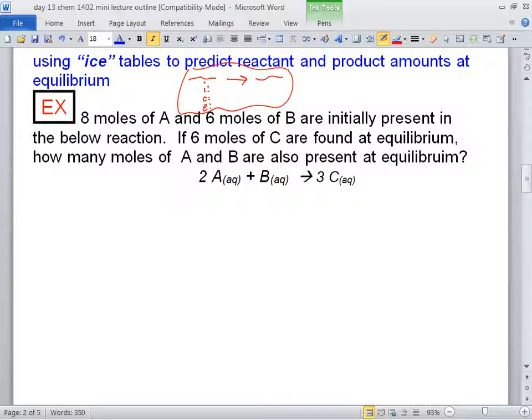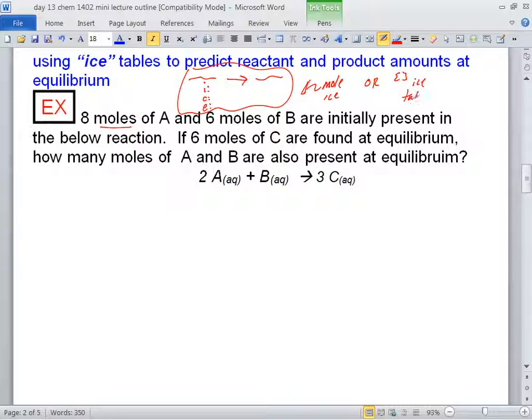Okay, because these problems get really wordy. Look at this. 8 moles of A and 6 moles of B are initially present in the below reaction. 6 moles of C are found at equilibrium. How many moles of A and B are also present at equilibrium? So this isn't concentration, this is moles. So you could either make a mole ice table, or you could make a concentration ice table.